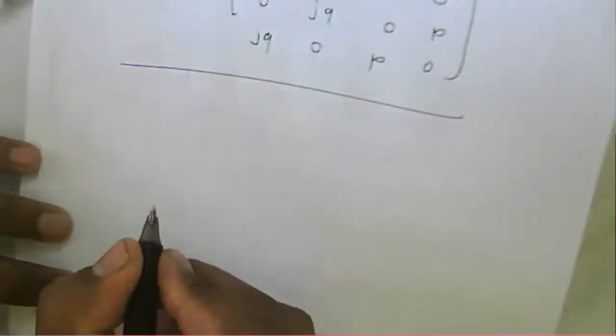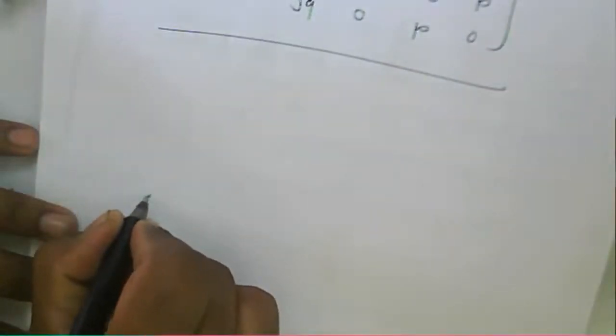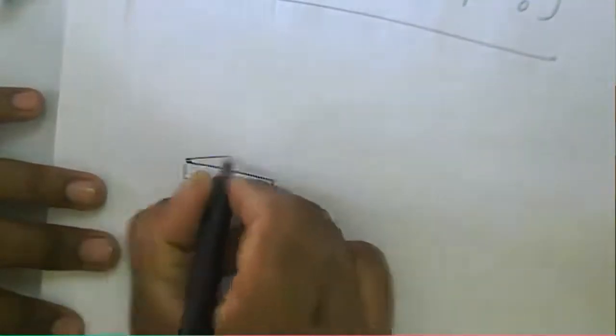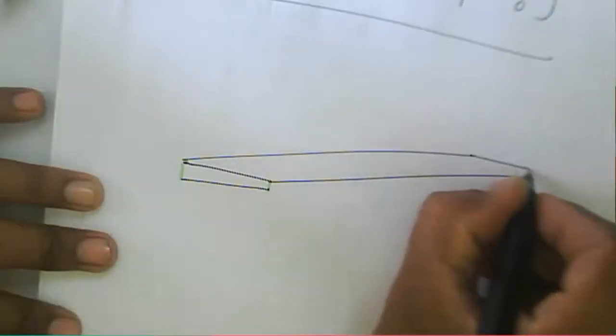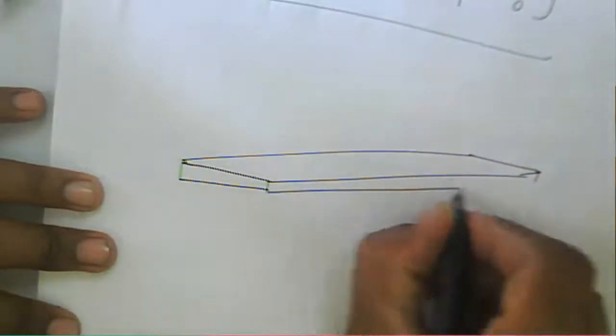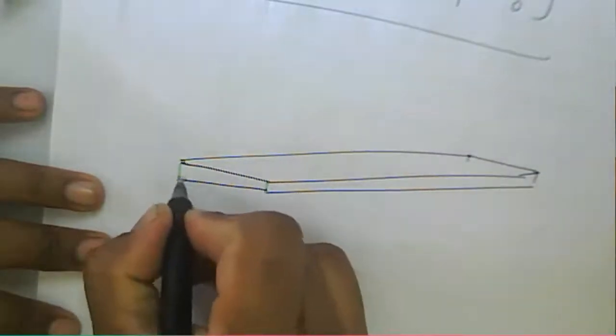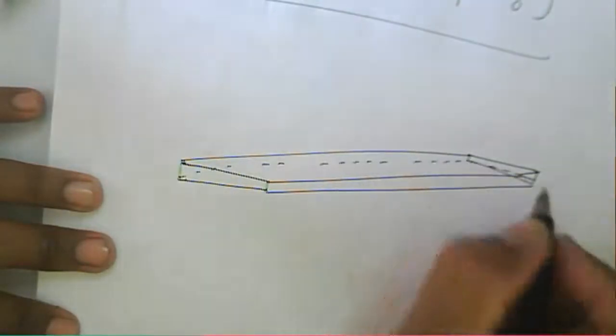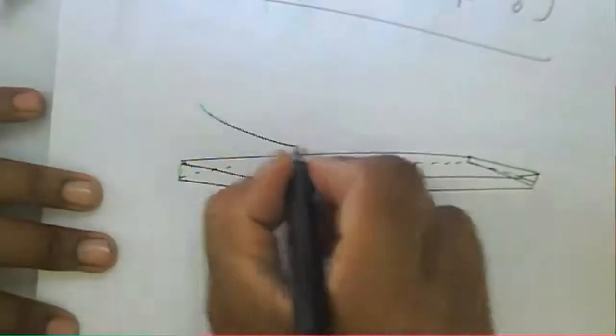In the case of a multi-hole directional coupler, what happens? I will draw a diagram first. That is your rectangular waveguide.